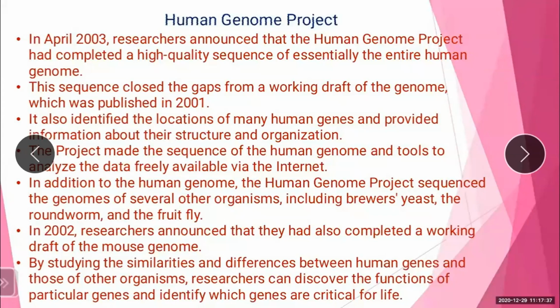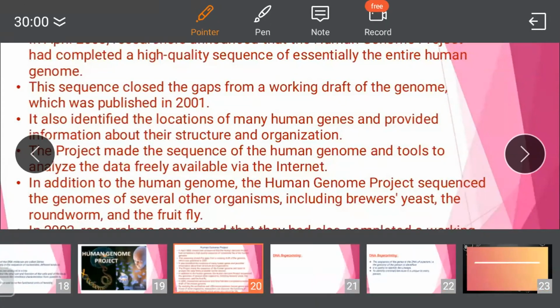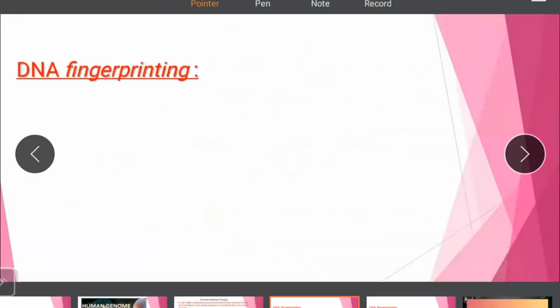One more topic which we have seen is DNA fingerprinting. This topic is new for us. The sequence of the genes in the DNA of a person is called the genome. By this DNA fingerprinting technique, a person's genome is identified.